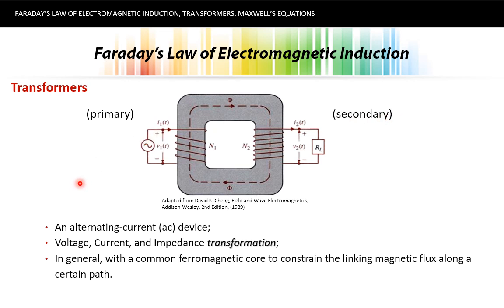A transformer is an alternating current or AC device. It's used for voltage, current, and impedance transformation. In general, it has a common ferromagnetic core to constrain the linking magnetic flux along a certain path.